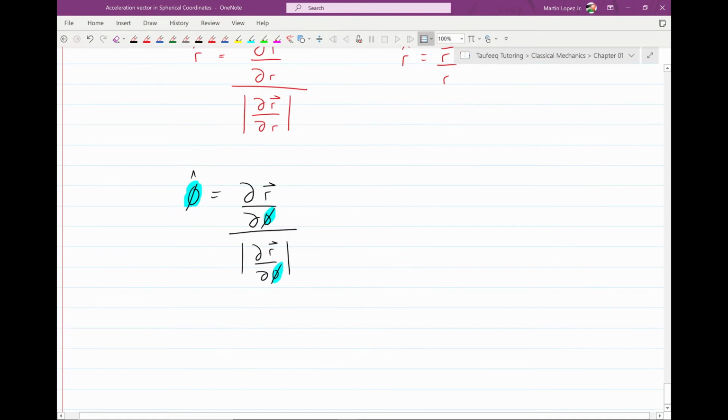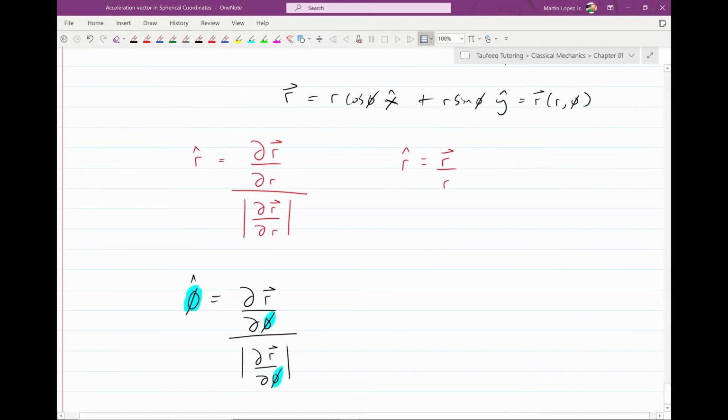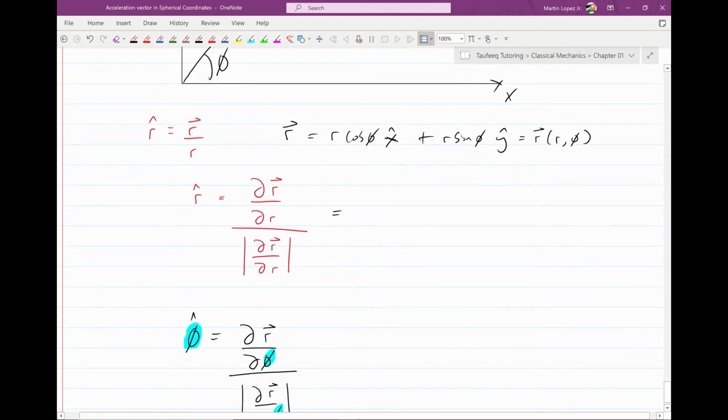All right, let's make sure that this makes sense. So let's find r hat. The position vector is at the top right here: r cosine phi x hat plus r sine phi y hat. So what's the derivative of this position vector with respect to r?